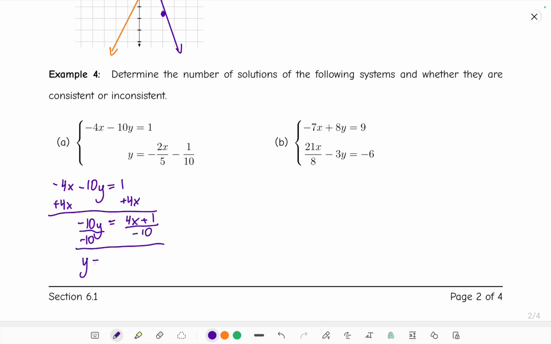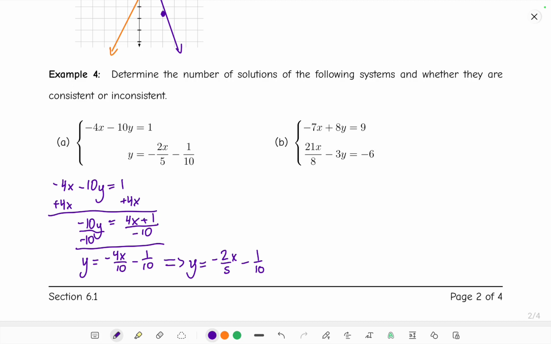You get y equals negative 4x over 10 minus 1 over 10. Well, the 4 and the 10 can reduce, so this simplifies to y equals negative 2/5 x minus 1/10. Then if we look at the second equation, it already is y equals negative 2/5 x minus 1/10.